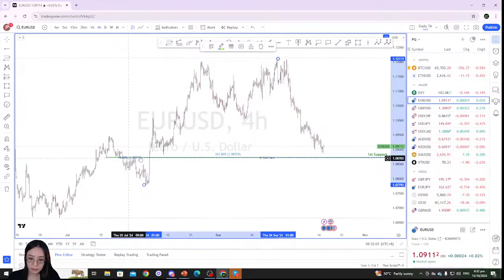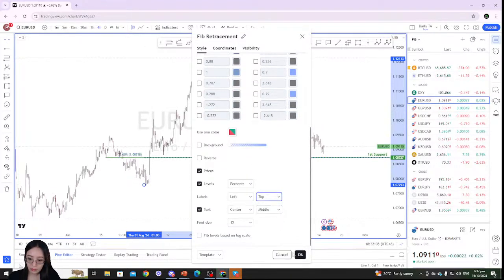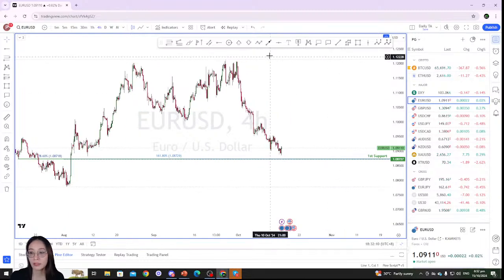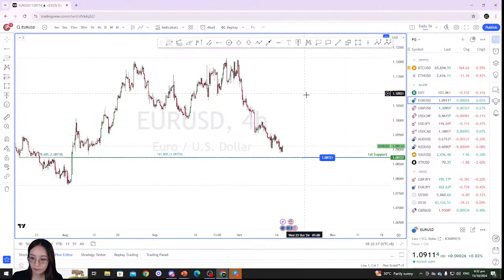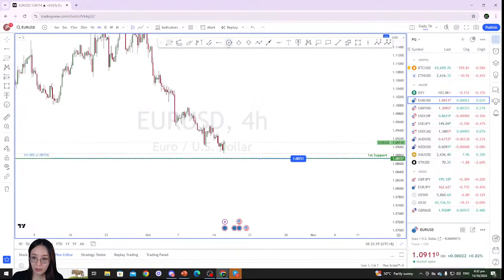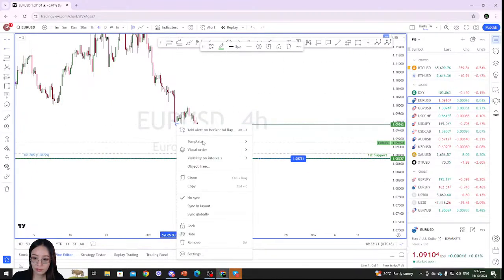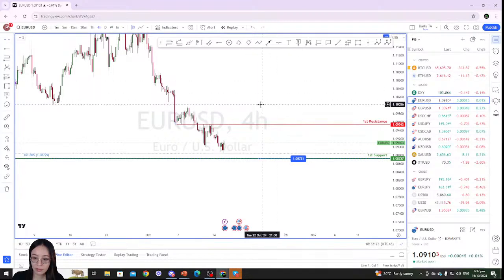They have extension 161.8 and 78.6% fib. So where to buy here? This is your buy entry. We will target, don't look so far, this is going to be your first resistance, somehow your TP.